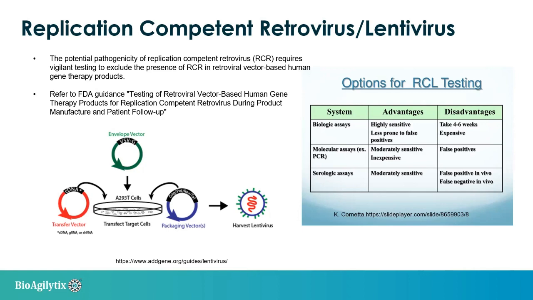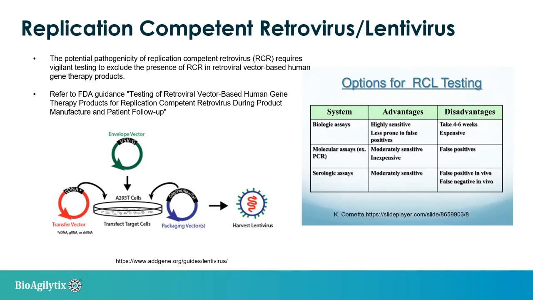However, they potentially pose risks to human health. One of the concerns is generation of a replication-competent retrovirus or lentivirus, RCR or RCL, which can infect non-target cells. FDA requires all cell-based products modified by these retrovirus vectors to be tested for RCR or RCL prior to treatment of the patient.